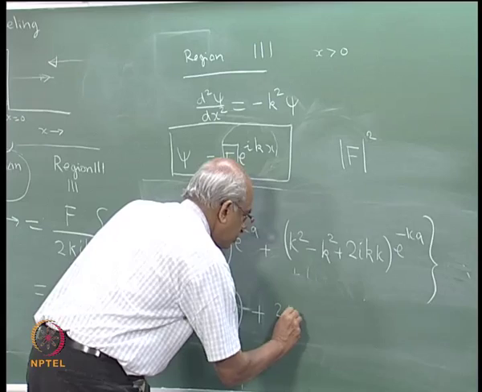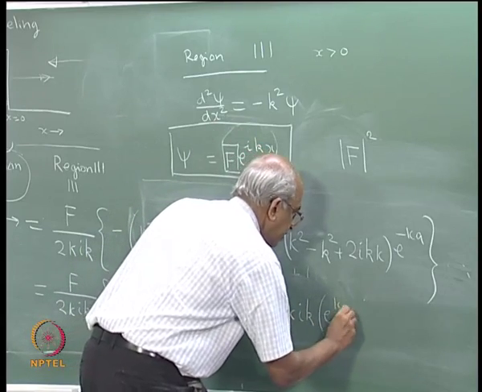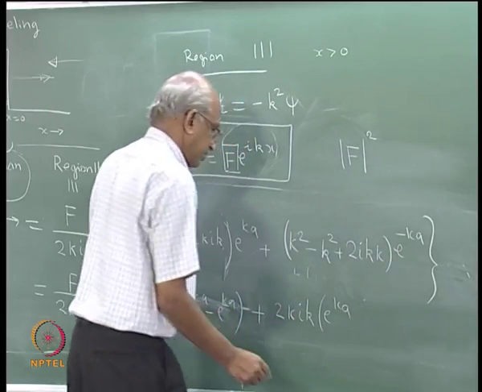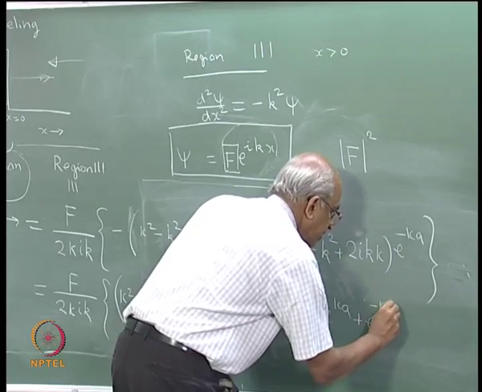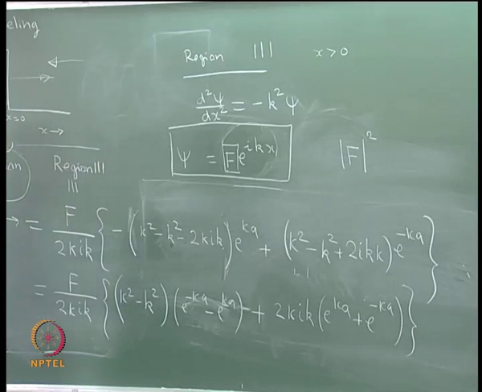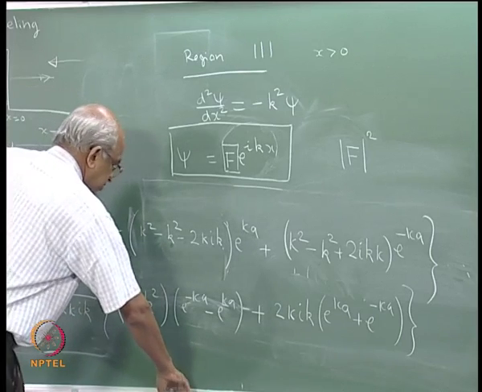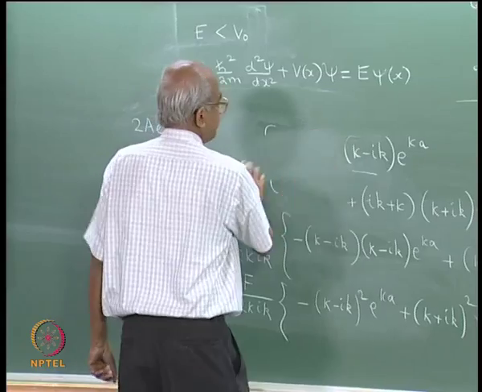So, you will get 2 kappa ik e to the power of kappa a, and you will find a similar term from the other side which will contain e to the power of minus kappa a. Okay. And again let me come back here.